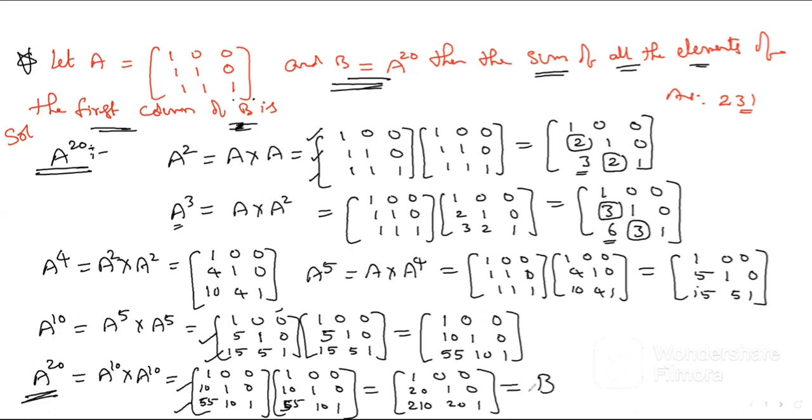A to the power 20 is equal to matrix B. What is required? The sum of all elements of the first column of B. Here, the first column has 1, 20, 210. 1 plus 20 plus 210 is required, which is equal to 231.